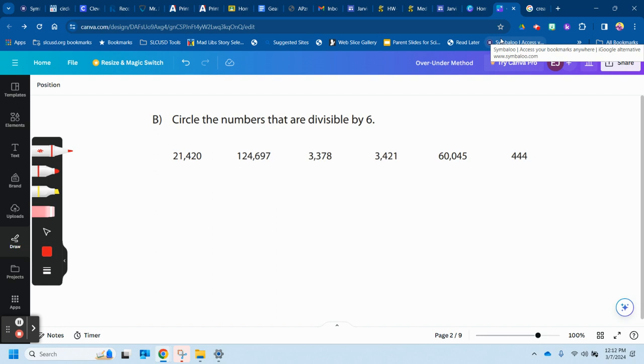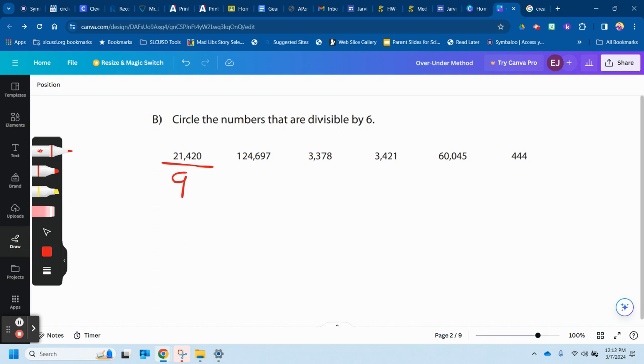So this first one, 2 plus 1 plus 4 plus 2 is 9. So that's divisible by 3. Sorry for the pause, I had a little distraction. Is the number also divisible by 2?